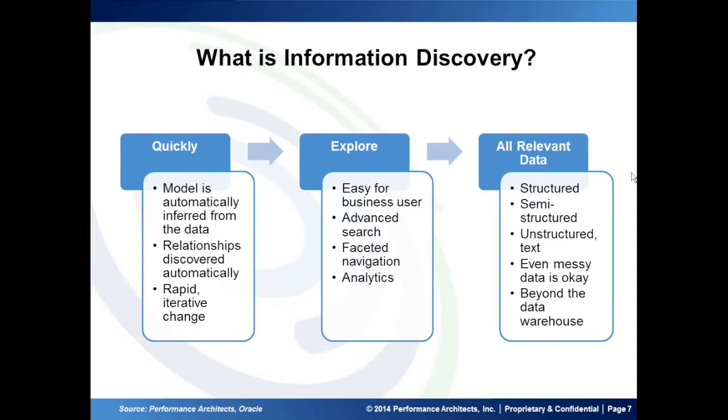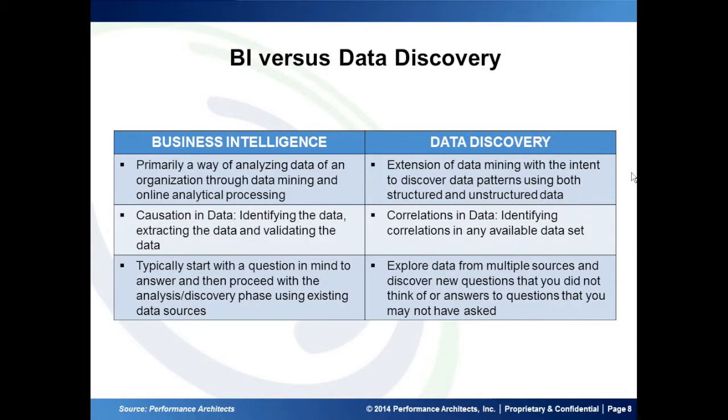So this is basically information or data discovery, and like we said before, it needs to encompass all 3 of these concepts mentioned in the slide, where we're allowing users to quickly explore all relevant data. Now that we've understood what information discovery is, in the next slide, let's look at how BI is different from data discovery.